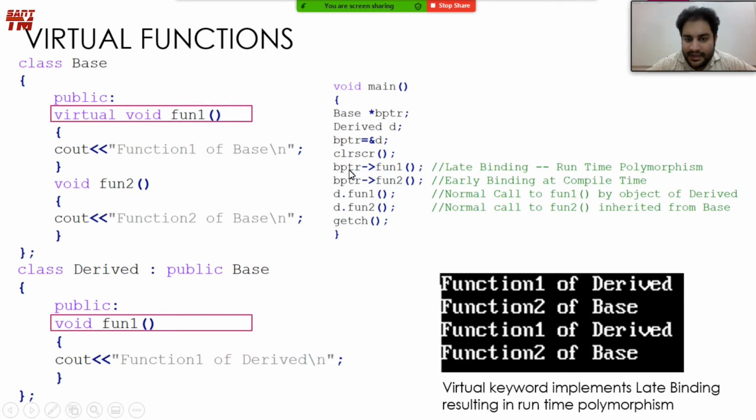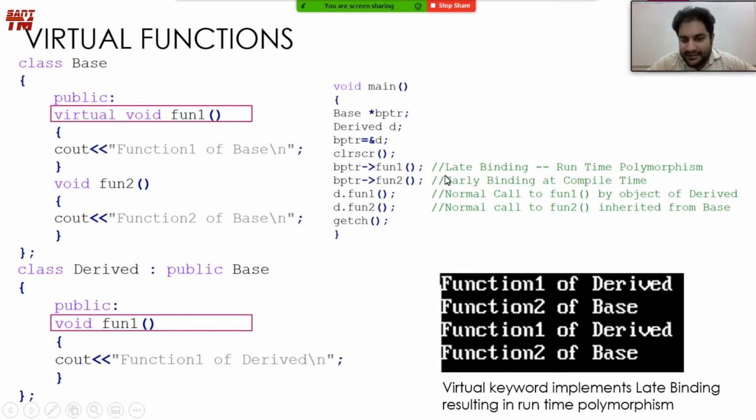As bptr has the address of d, instead of going to the base class, bptr will go to the derived class, because bptr is carrying the address of d. Address of d means derived class. D is the object of the derived class. So obviously we will go to the derived class, and when bptr goes to the derived class, it accesses fun1, and fun1 here is the function of derived. When it executes, function of derived will be printed onto the screen.